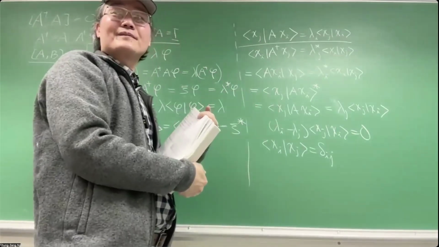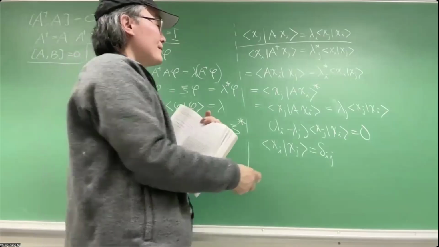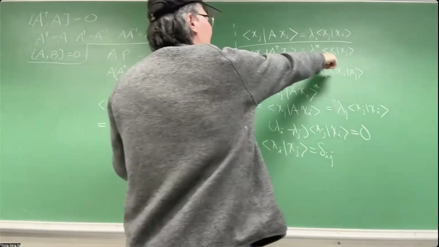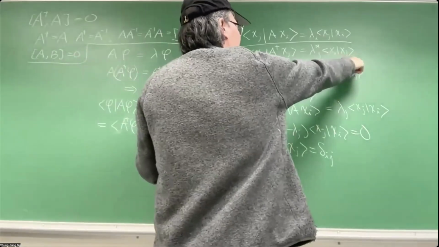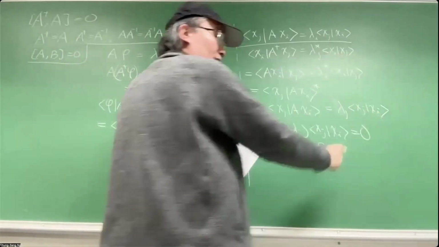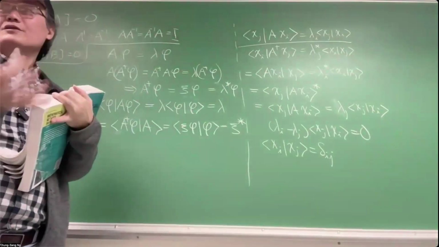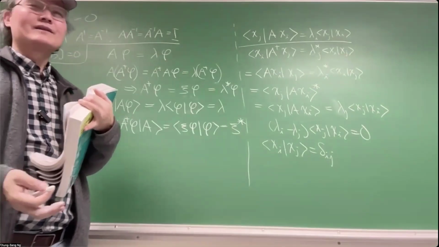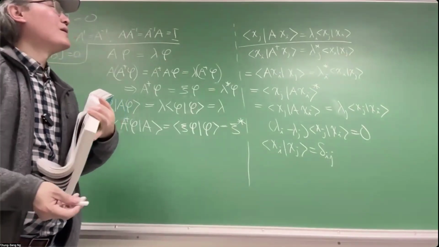We get to the form where the left-hand side is the same: the scalar product of x sub j with the operator A acting on x sub i. On the right-hand side, one is multiplied by lambda sub i, the other is multiplied by lambda sub j.